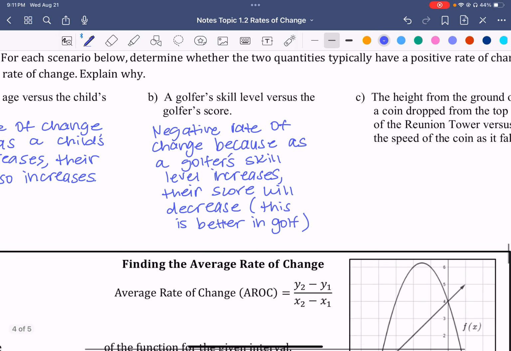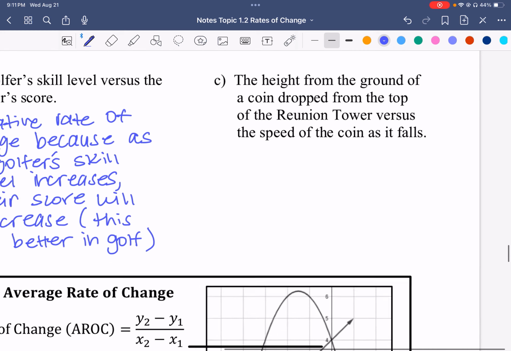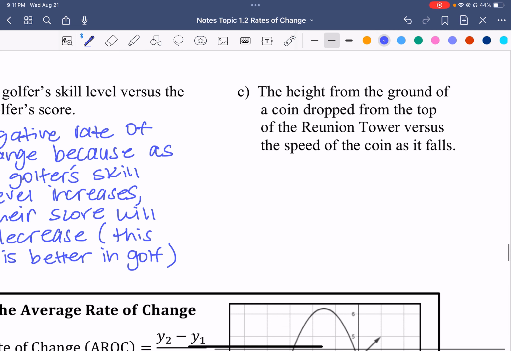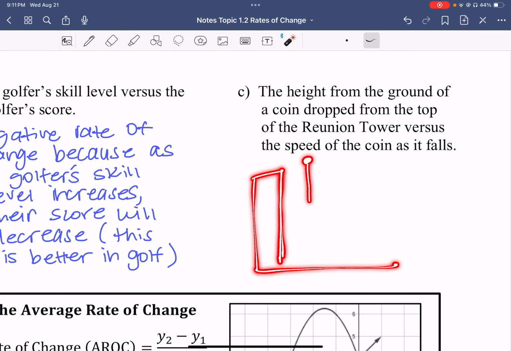Okay, now letter C says the height from the ground of a coin dropped from the top of the Reunion Tower versus the speed of the coin as it falls. Okay, so if we're thinking about the height from the ground, let me draw this. Let's say this is the Reunion Tower, and let's say this is the ground. When I'm at the top, my distance is really big.